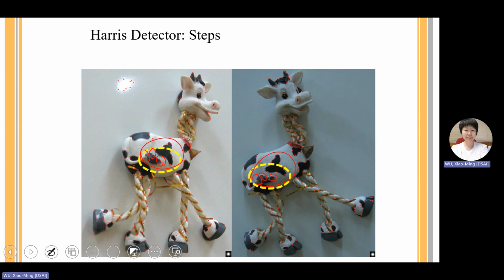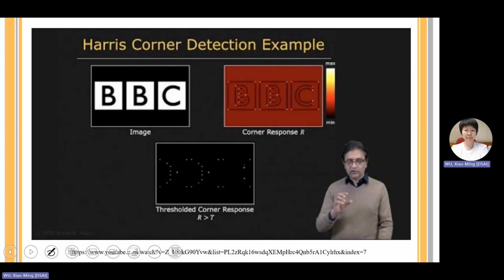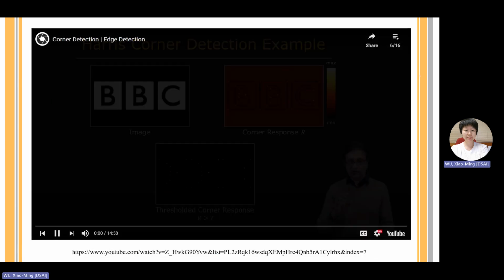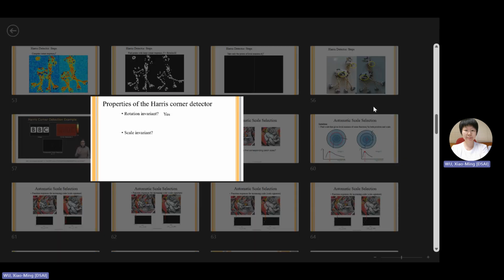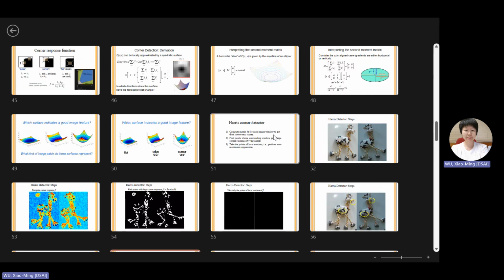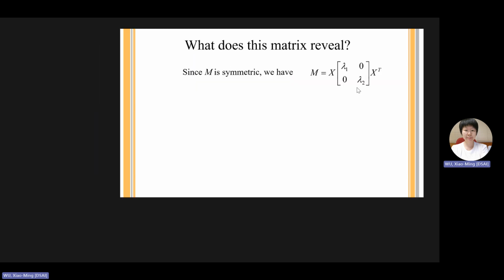This shows that the Harris corner detection algorithm is robust to rotation.